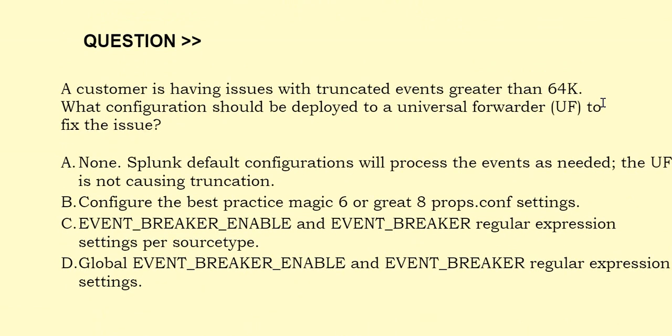A customer is having issues with truncated events greater than 64 KB. What configuration should be deployed to the universal forwarder, UF, to fix the issue? Option A, none. Splunk default configuration will process the events as needed. The UF is not causing truncation. Option B, configure the best practice magic 6 or great 8 props.conf settings.